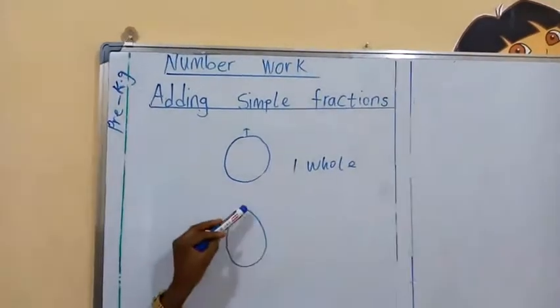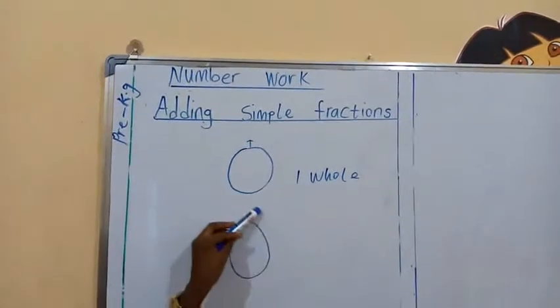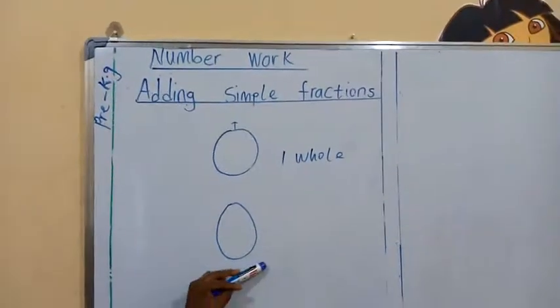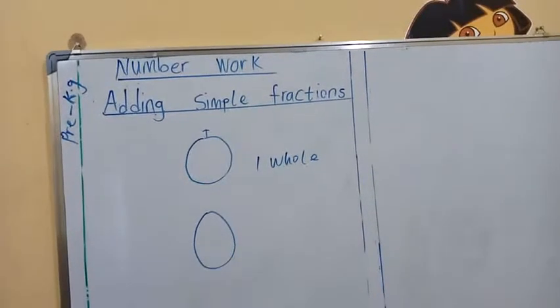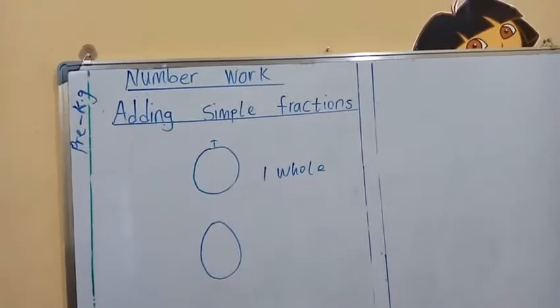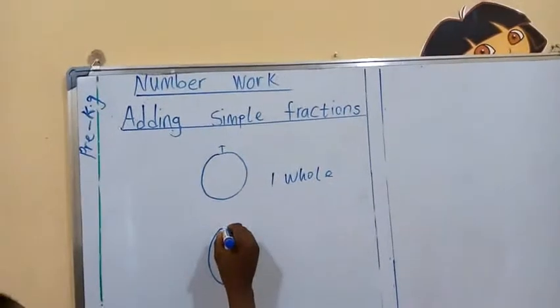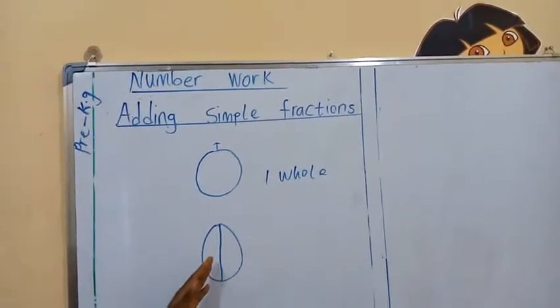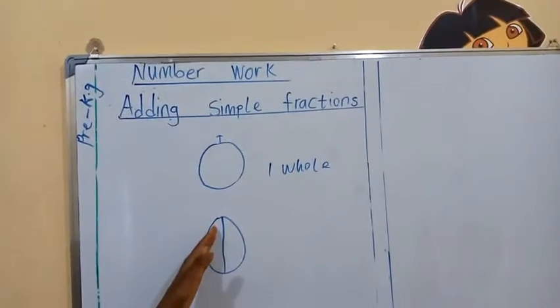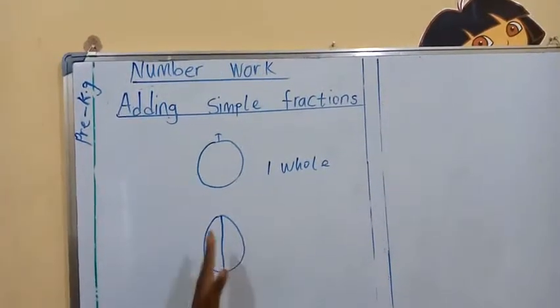So now, this is an oval shape. It looks more of an egg. So what if mommy buys you an egg and asks you to divide it with your sister? So how are you going to divide it? You divide it into two. This is fraction. And then you are going to give your sister one, and then you take one. So what have you done?